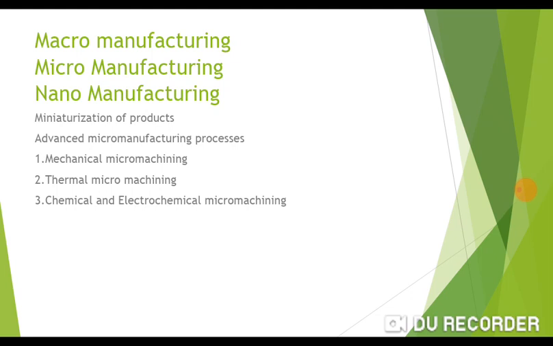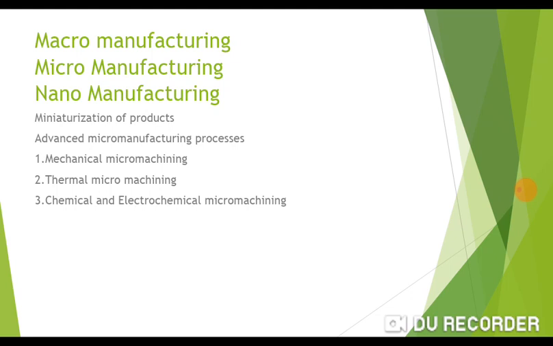So, micro machining or nano manufacturing are characterized as precision machining processes wherein machining error is extremely small, as we are going to micro level or nano level.